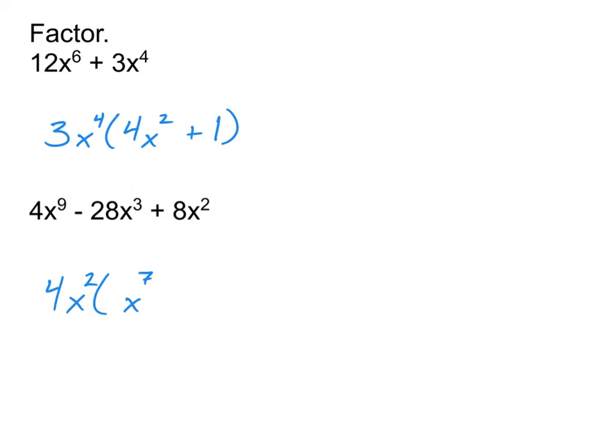Okay, now I get to the minus part. 28 divided by 4 is 7. x cubed divided by x squared is x to the 1, which remember we just write as x. And then plus 8 divided by 4 is 2. x squared divided by x squared is 1. So 2 times 1 is 2. And so that then is our final factored form.